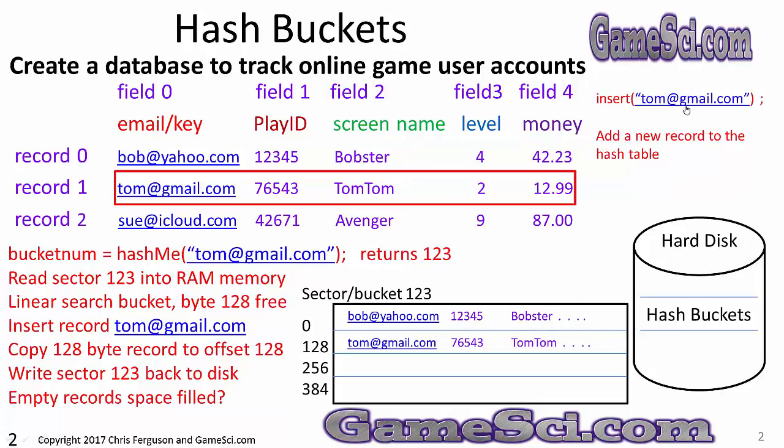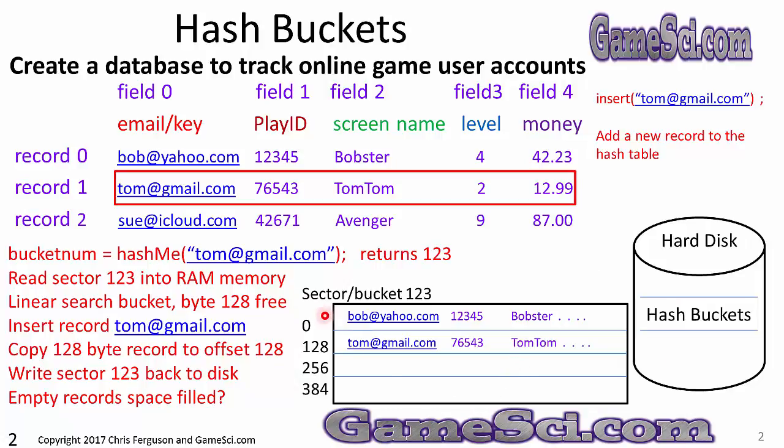Let's insert tom@gmail.com. Let's add a new record to the hash table. Bucket number equals hash me tom@gmail.com returns the same 123. So once again, we will read sector 123 in RAM memory. This is the sector in RAM memory. We'll linear search the bucket.